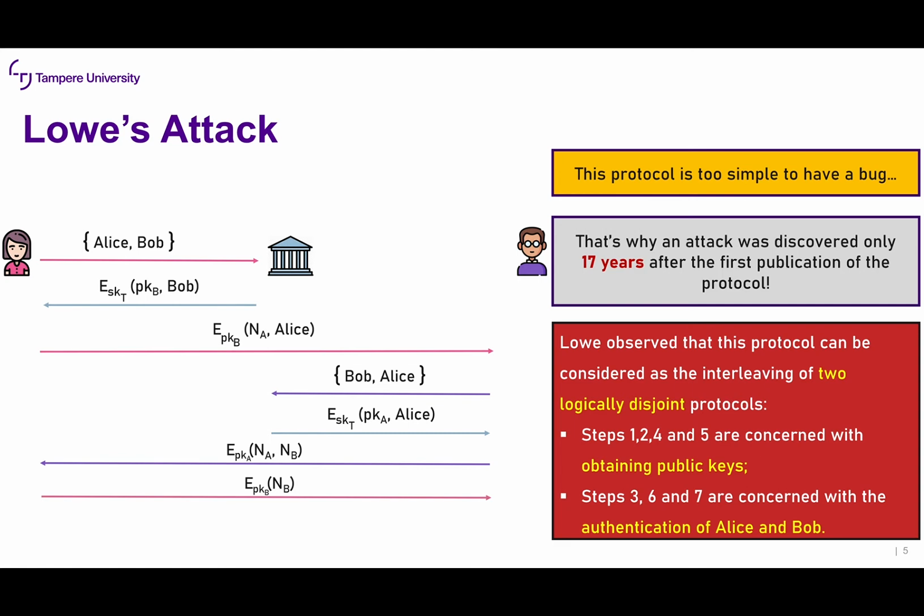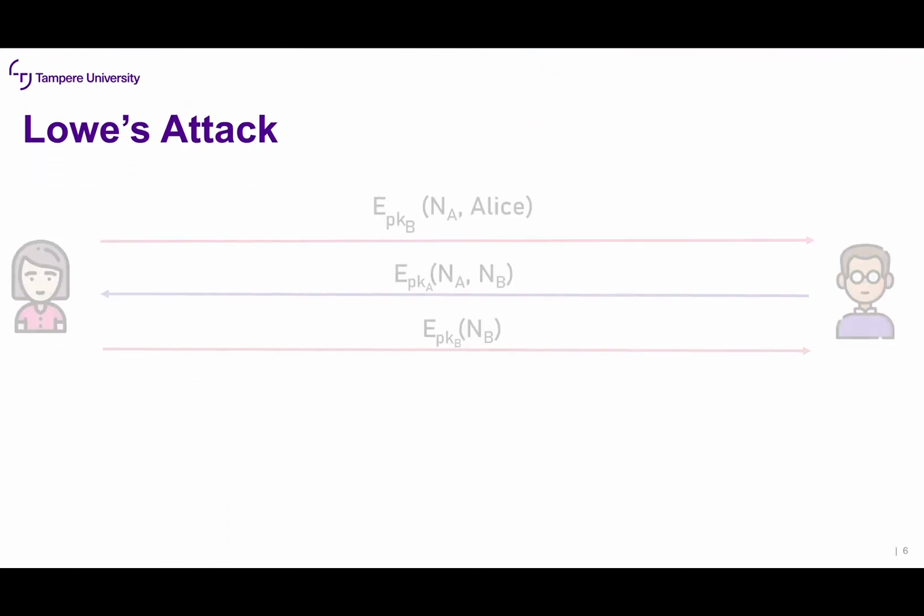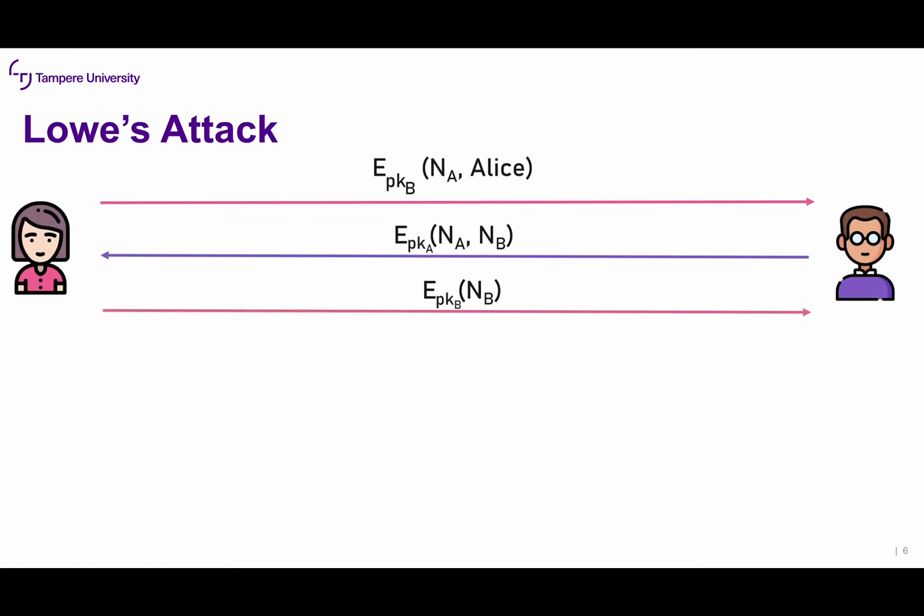Good. So let's look at Lowe's attack in a bit more detail. Let's try to describe it. The attack will take place based on these three messages, right? Alice has just obtained Bob's public key, and she generates a nonce NA, and she sends this encrypted message to Bob.